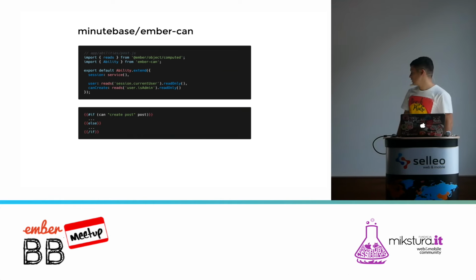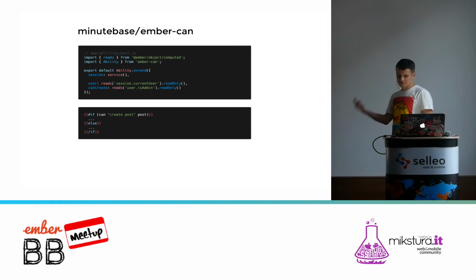What else? I mentioned authentication. Now it's authorization. Ember Can is a policy management add-on, which implements abilities, which tells your app how a user can interact with each resource.